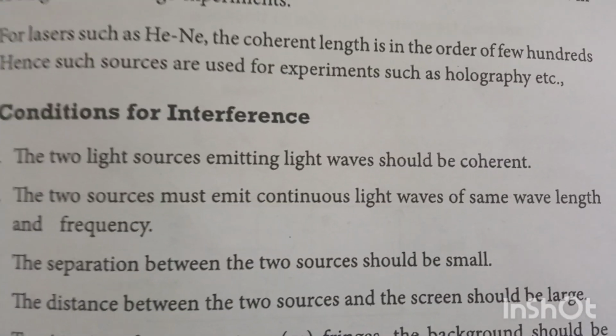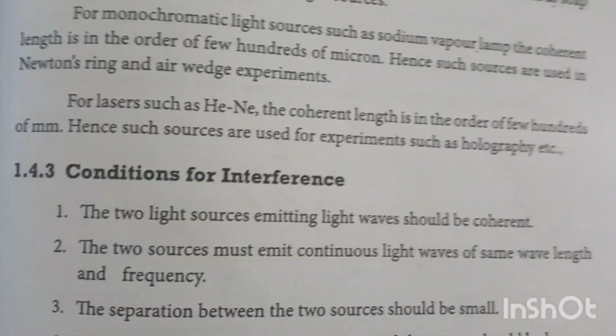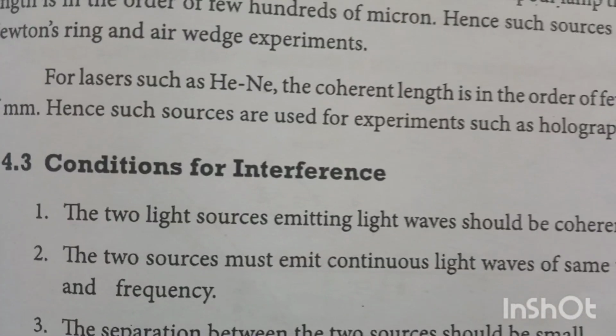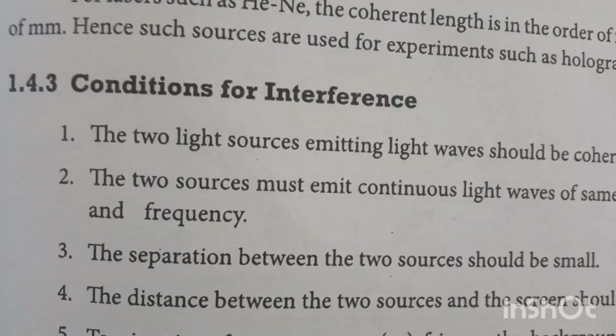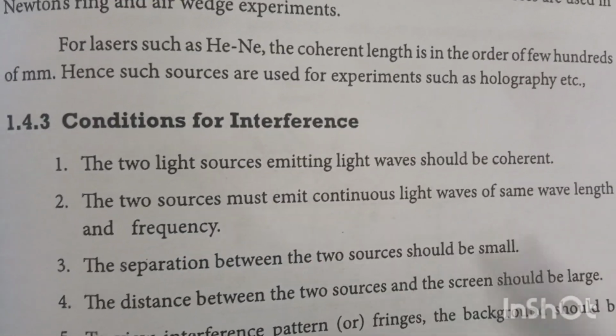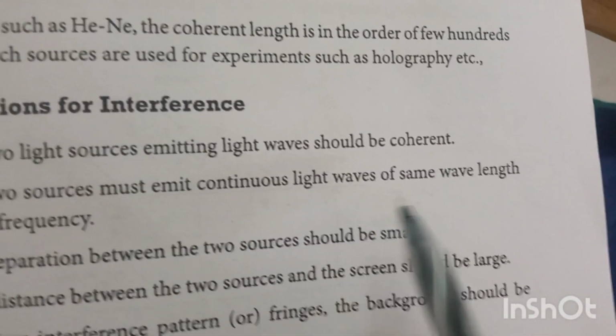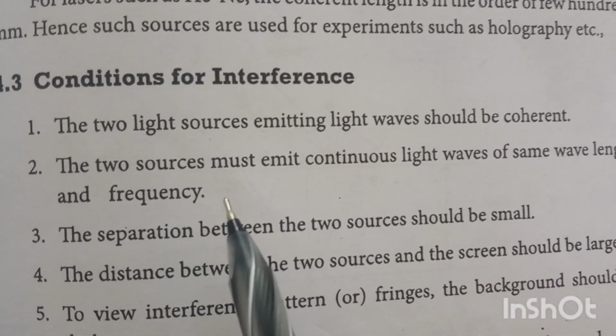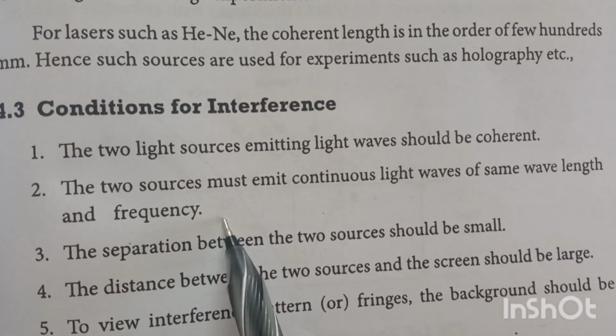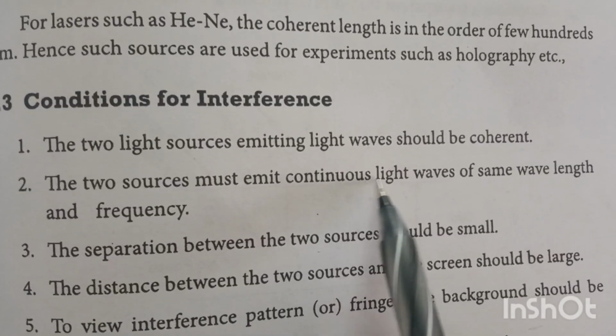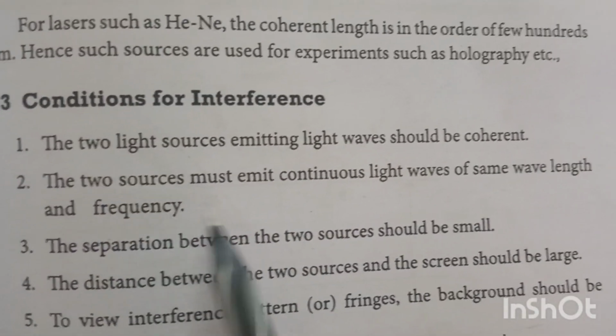So that is known as coherence. At the same time here we are using two sources for the interference concept. So the two sources must emit continuous light waves of the same wavelength and frequency.